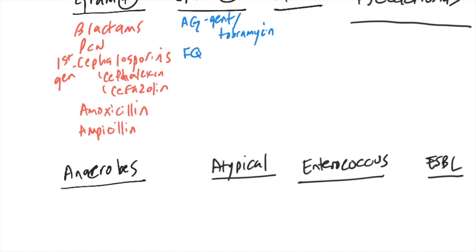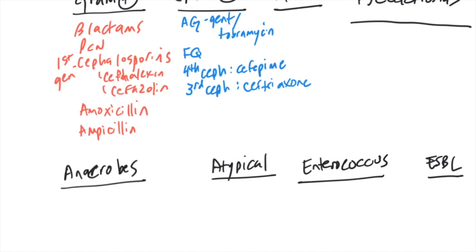We also have fourth generation cephalosporin like cefepime. This gives you good broad coverage for gram-negative organisms. You have another cephalosporin, this is third generation, ceftriaxone. You'll see this a lot in our hospital. We use ceftriaxone for people with UTIs, and this is an IV formulation.